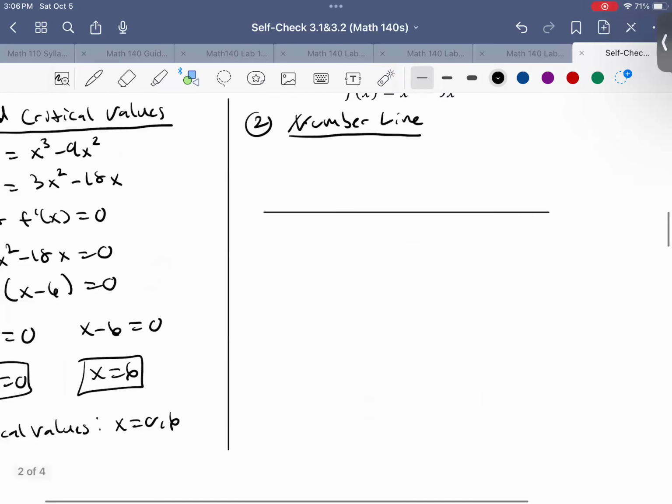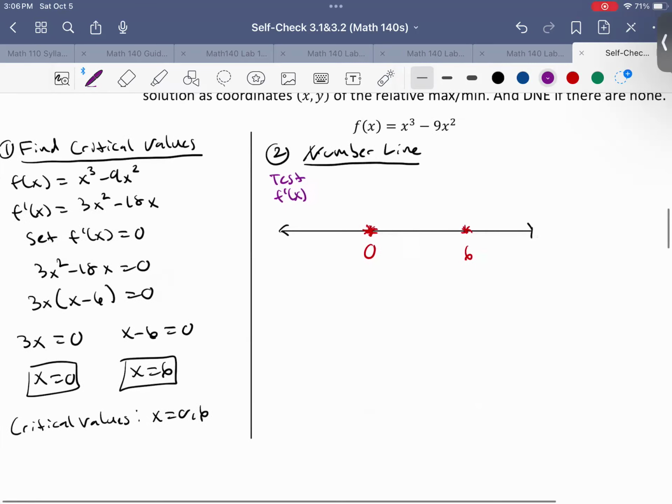My critical values are 6 and 0. Let me move this over a bit. And you want to test some x values with your first derivative. So easy ones to pick. Always pick some easy ones.